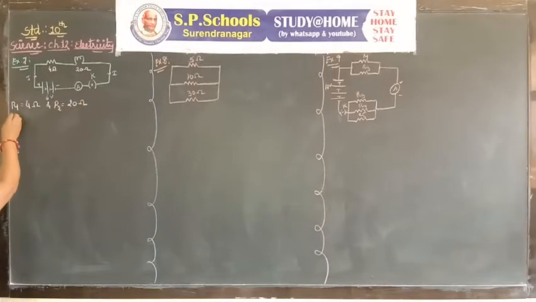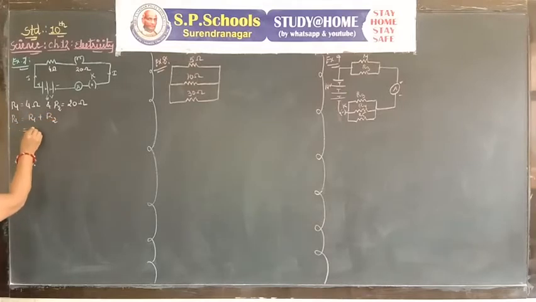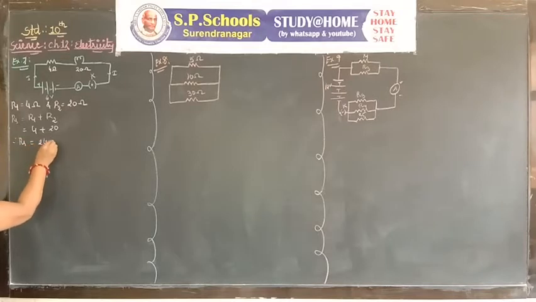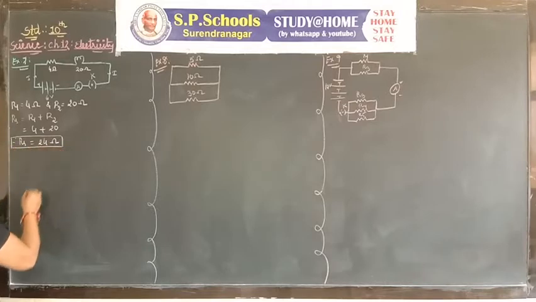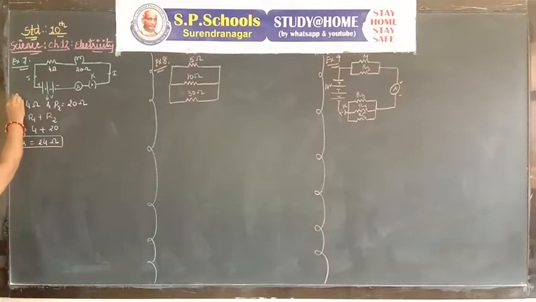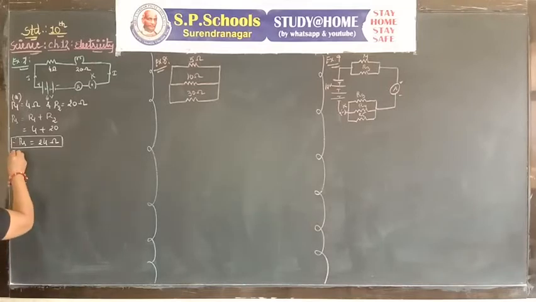Both are in series, so Rs is equal to R1 plus R2, which is 4 plus 20, so Rs is equal to 24. First we solve the total resistance, or equivalent resistance, then we solve the current that will pass.